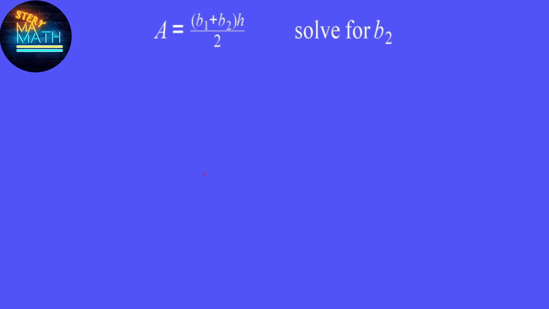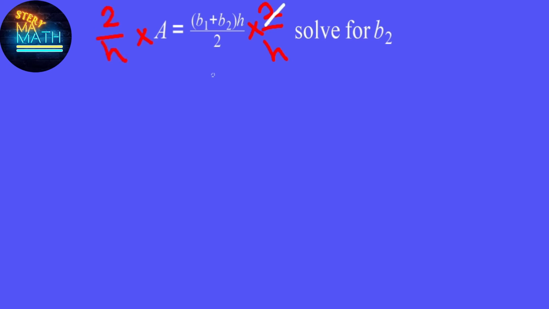So I can use the reciprocal of h over 2, which is 2 over h. So here on the right hand side, I will multiply by 2 over h, and also on the left hand side I will multiply by 2 over h.